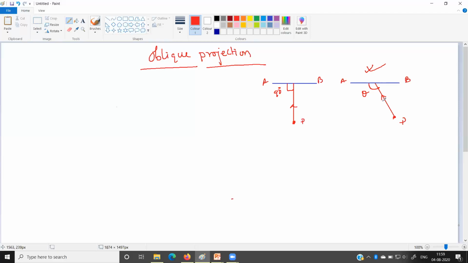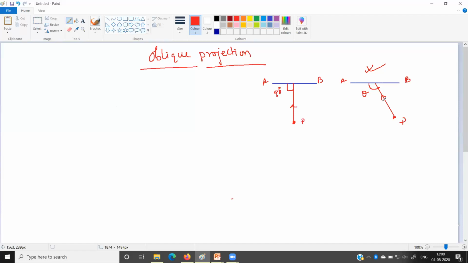Okay, so I think it is clear. In case of orthographic projection, the projectors fall on the plane at an angle of 90 degrees. But in case of oblique projection, the projectors fall on the plane at an angle theta, which is not 90 degrees. Fine. Now this oblique projection has a different projection matrix.